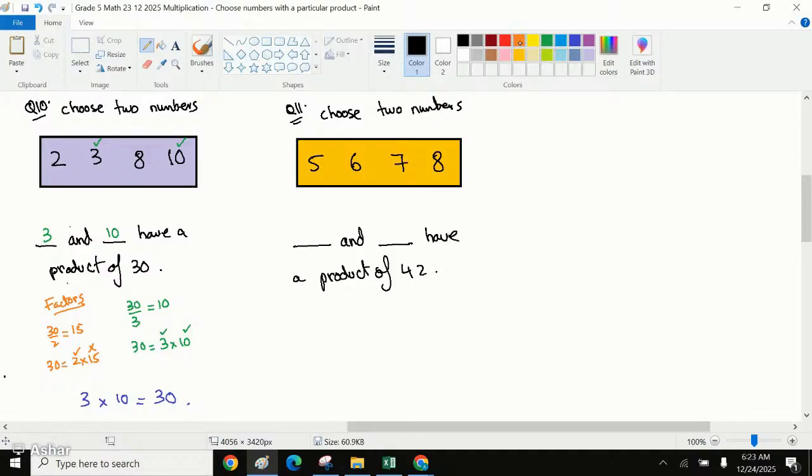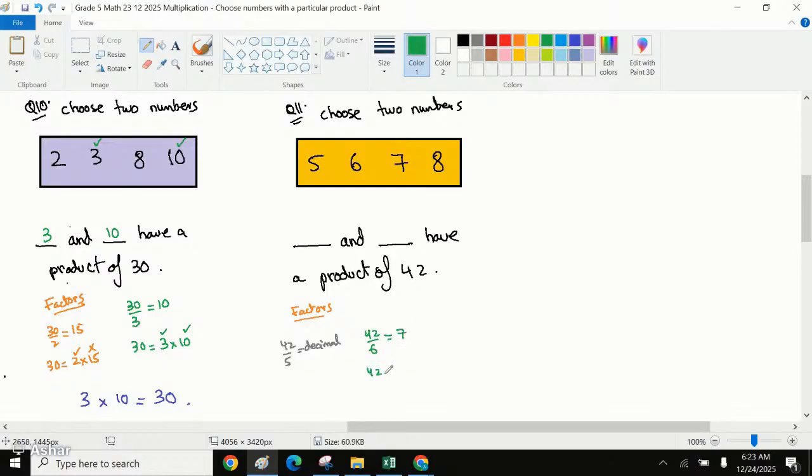Okay. So we know that once we try to find the factors, they will always give whole numbers as the answer. They will never give a decimal as the answer. So what we can say is if 42 is divided by 5, we will have a decimal number as the answer, 8.4, right? So we do not have any number in decimals. But if 42 is divided by 6, can we say it equals 7?